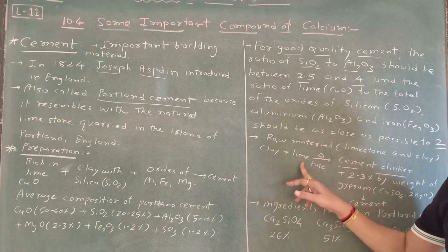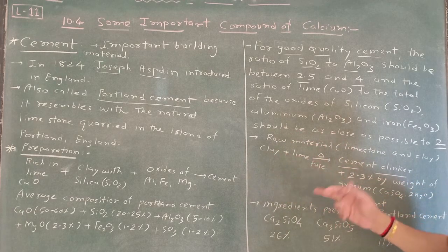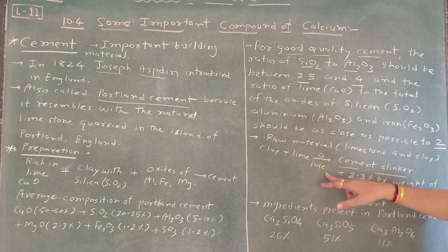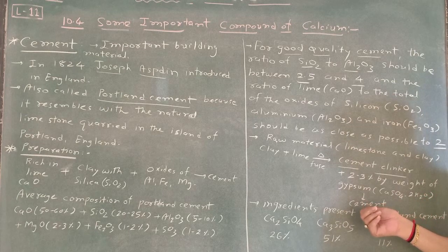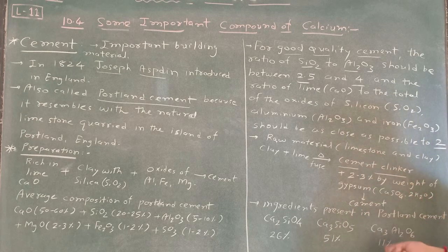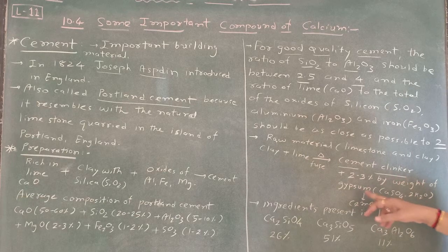Clay plus lime, completely heated, and whatever the fused part is, it is considered cement clinker. To this cement clinker, if we add 2 to 3% by weight of gypsum, CaSO4.2H2O, we get cement. This is a very easy topic.